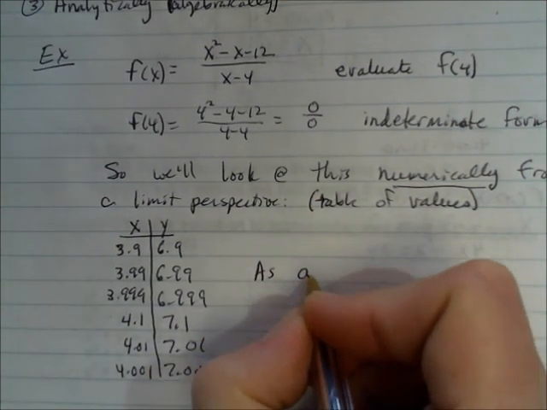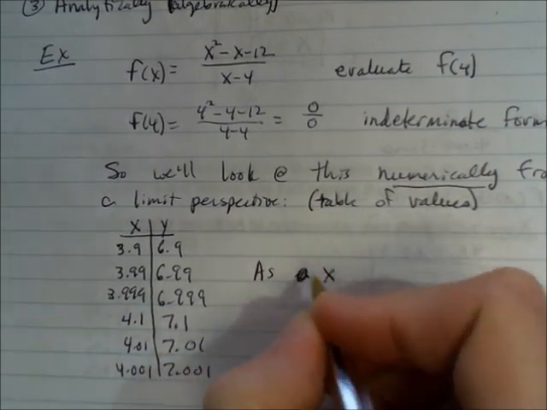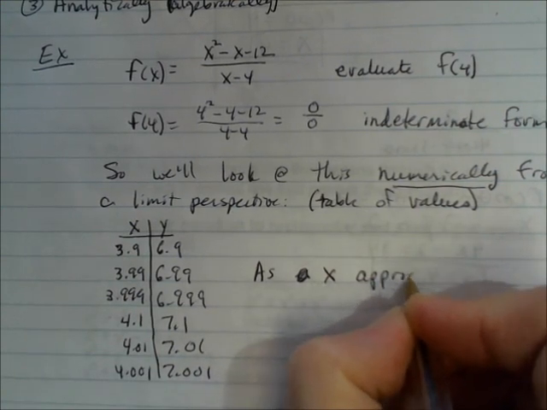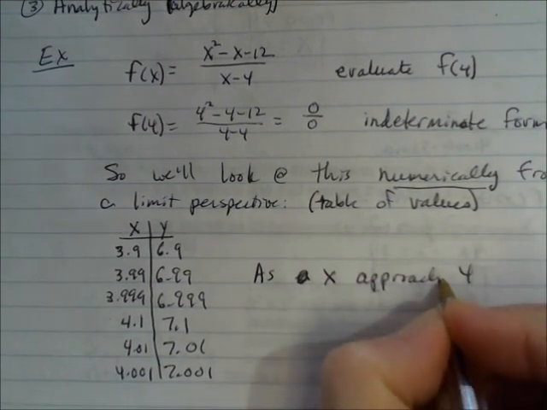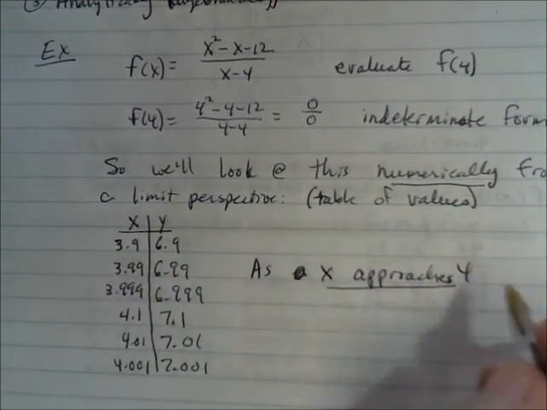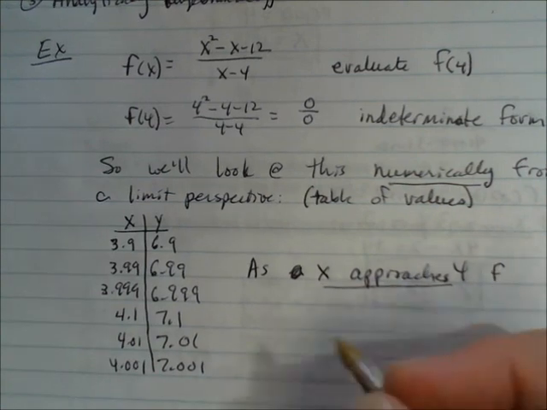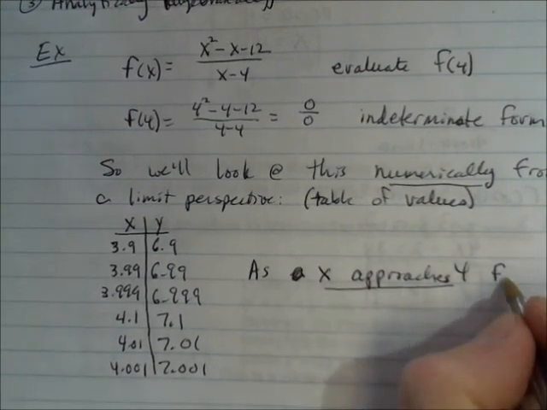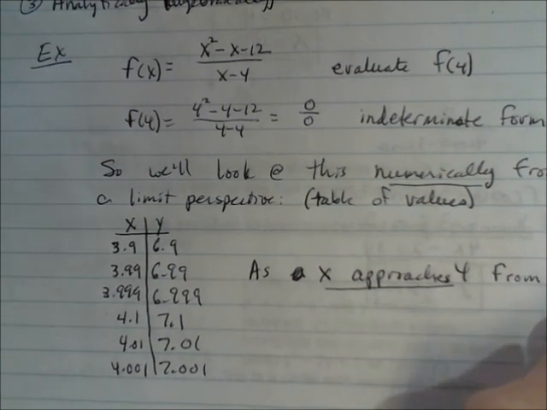So we write that as x approaches 4, x approaches 4 from both directions, from the less than and from the greater than direction.